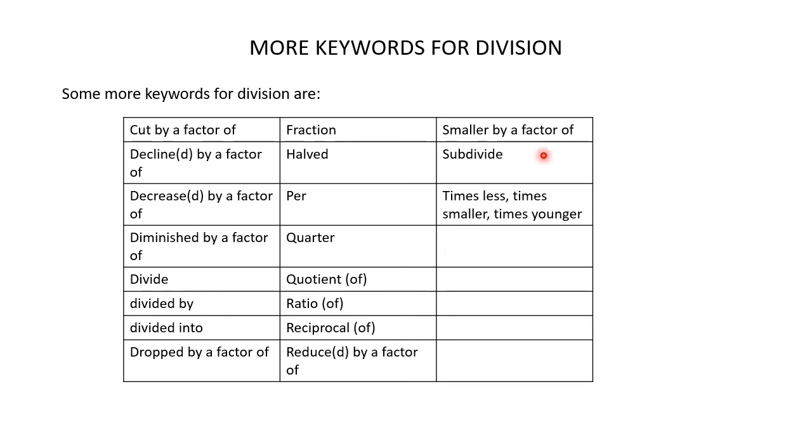Now look at all these words. These words are the keywords for division. If you find any of these words in the word problem, then it means that you have to do division. So become familiar with all these keywords for division.